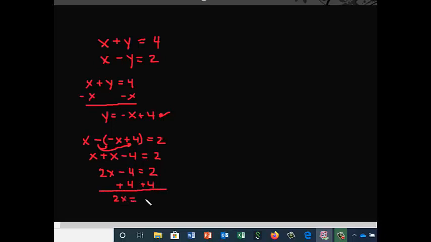And this will be equal to 6. Let me move to the top of the screen up here and start again. This will be 2x is equal to 6, right? When we divide both sides by 2, x is going to equal 3.